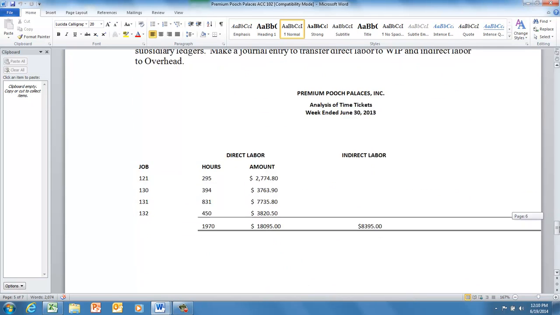Then immediately you will have to take that back out of labor clearing by debiting work in process for all of these jobs, for all of these amounts that add up to $18,095, and debiting overhead for this $8,395, and crediting, of course, the labor. So you would have 0.